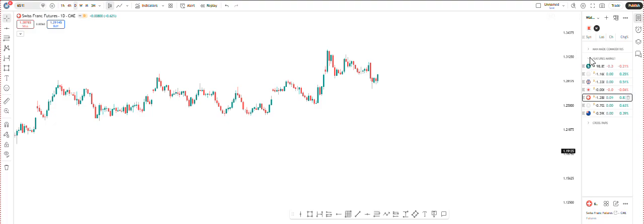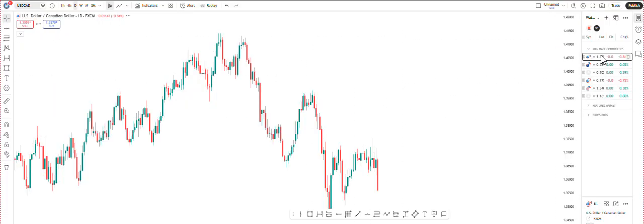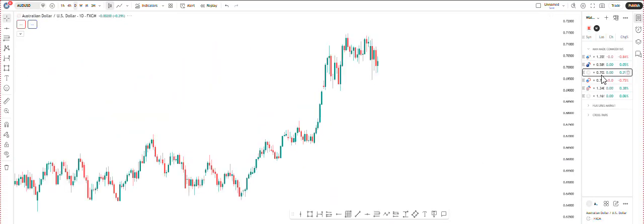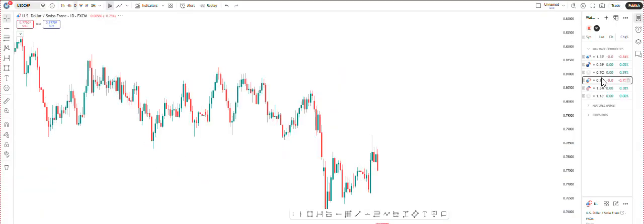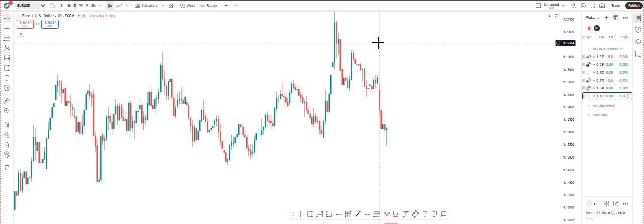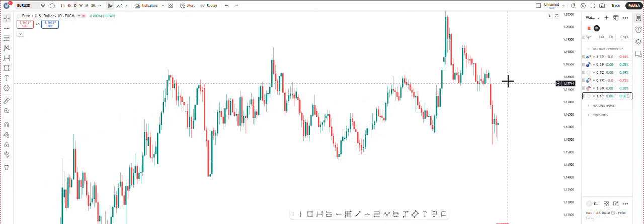So when we look at this chart and the futures chart, you would notice that I said from the euro chart that we are moving into the supply area, then we look for a sell.